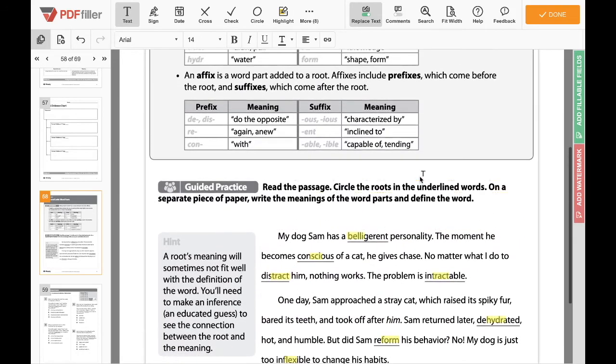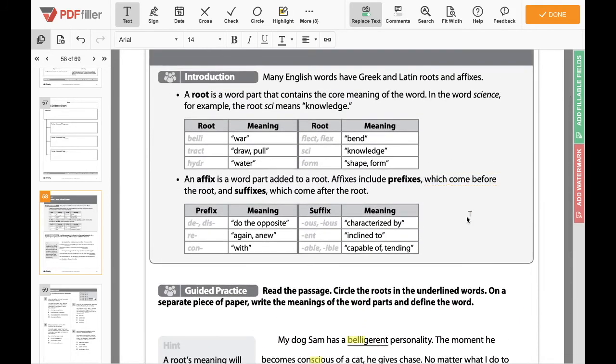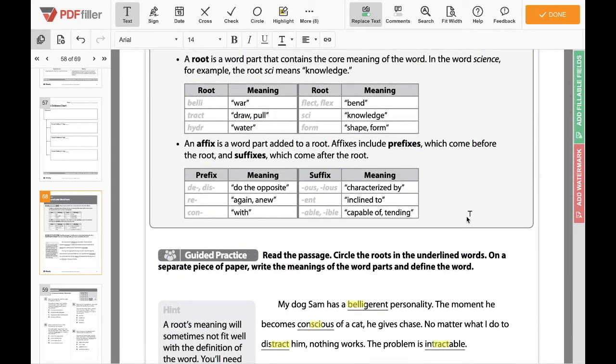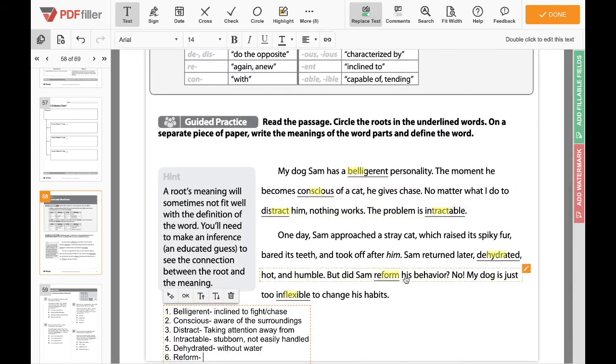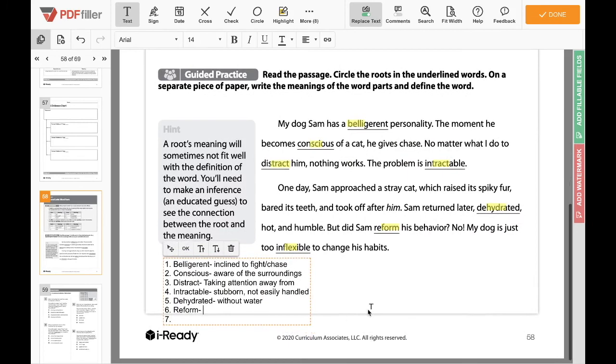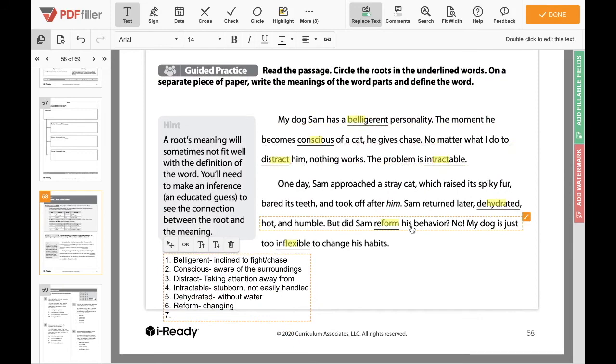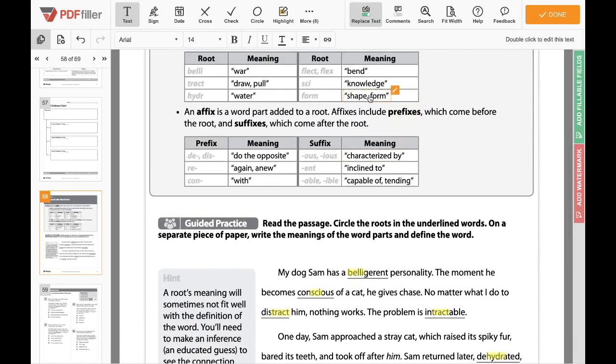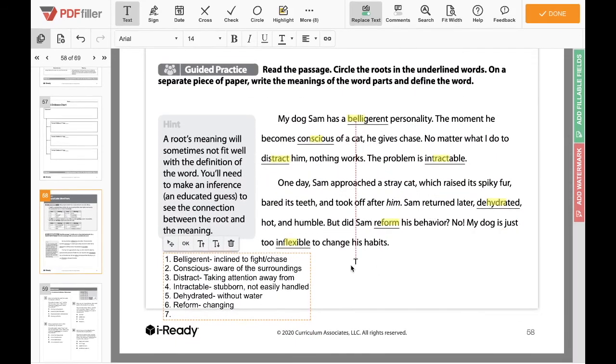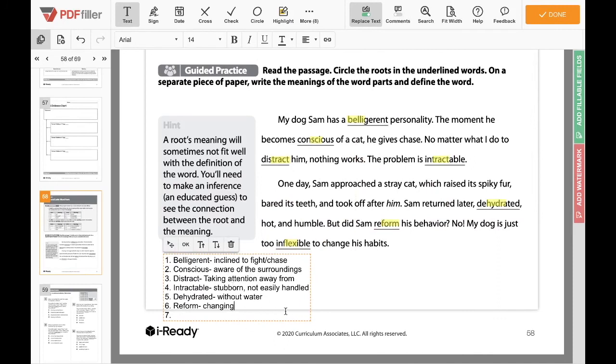We know re means to do it again, and form means to shape or form. So if he's reforming his behavior, he is changing, right? Because you're doing it again. Anew would mean you're changing it, making something new, right? So changing, and then form means to shape or form. So you're just changing whatever, changing something. We don't have to be specific.